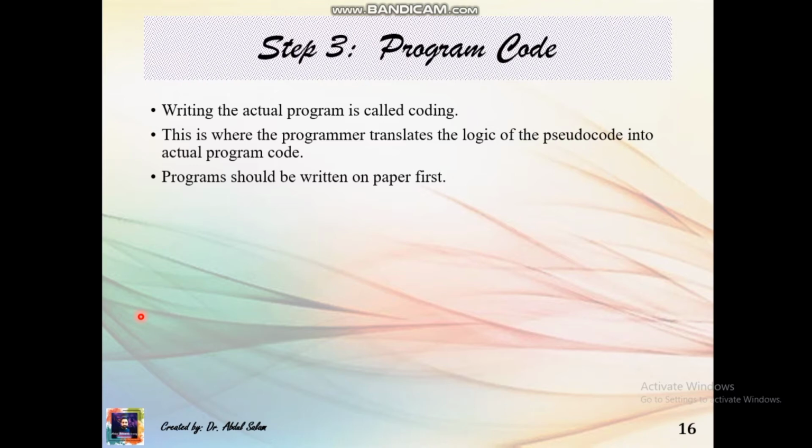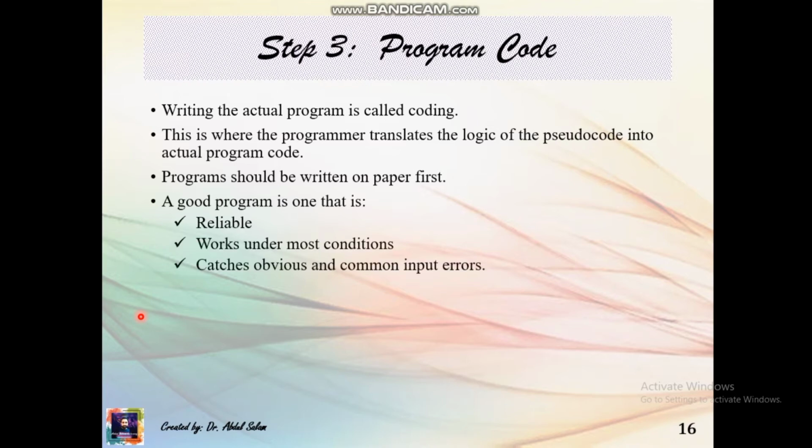We have a different video on pseudocode. You can go and check that video about pseudocode. The programs should be written on paper first. A good program is one that is reliable, works under most conditions, and catches obvious and common input errors.